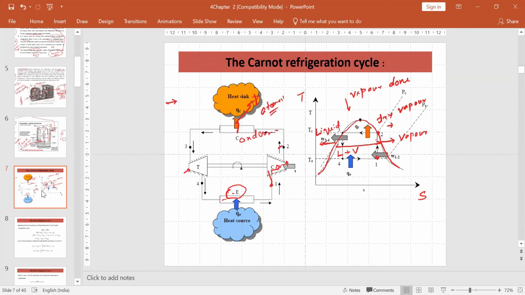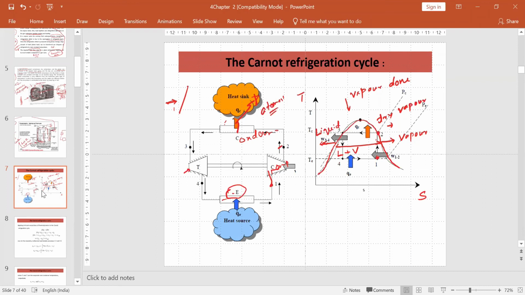Nowadays, the condenser is on the side also. If you put your hand on the side, it is a closed unit, and you'll see it is hot. So that is the condenser. There should not be obstacles. Okay, so it rejects the heat.